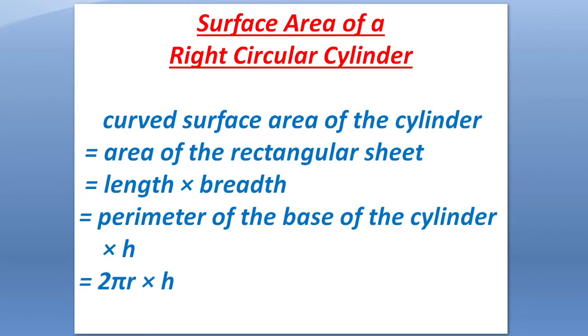Okay, let us start today with this point: surface area of a right circular cylinder. So, the curved surface area of the cylinder is equal to the area of the rectangular sheet, that means length into breadth.